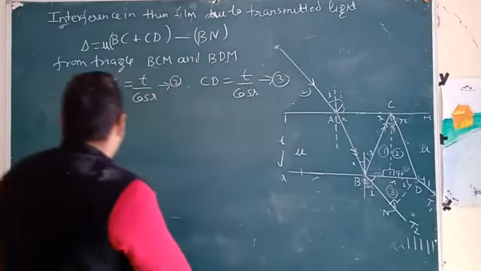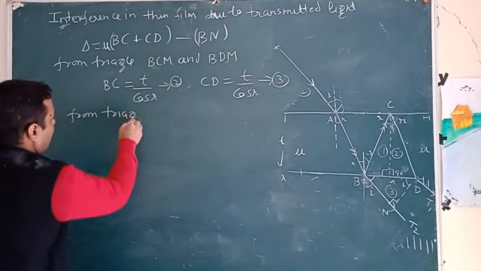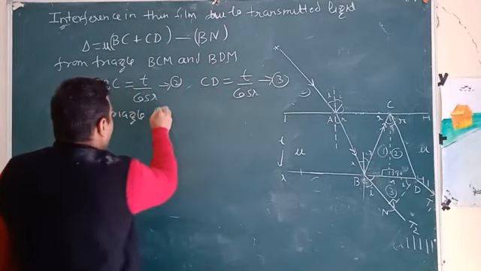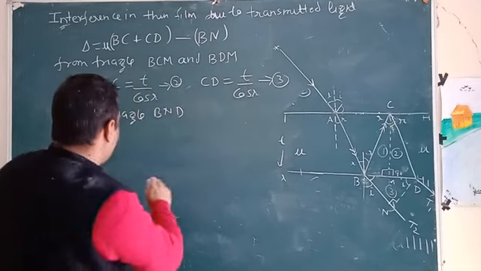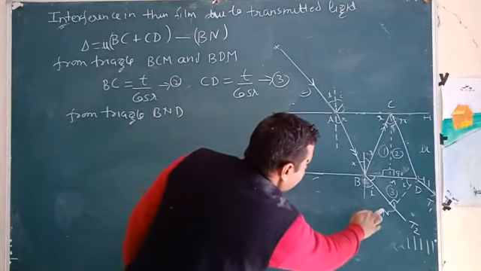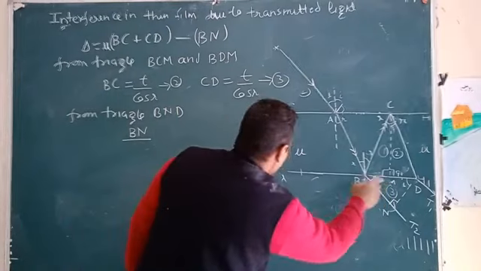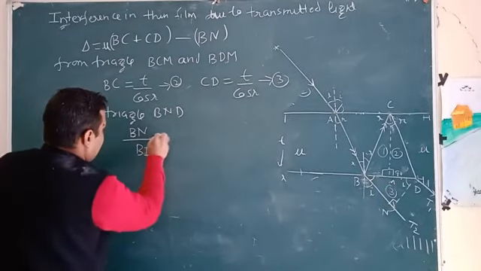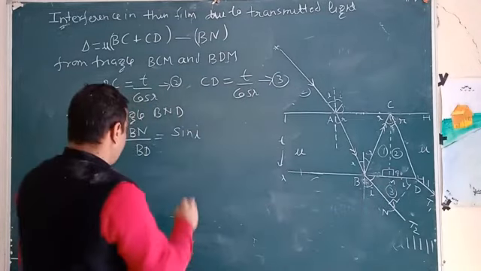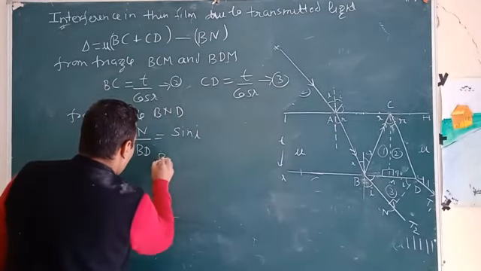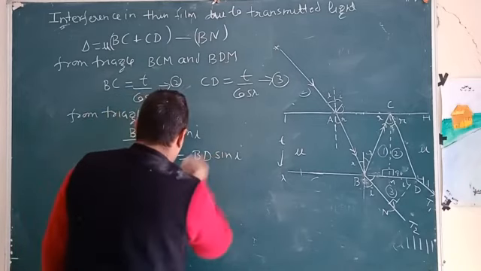BN is from triangle BND. Here in the triangle BND, BN upon BD is equal to sin i. This is angle i. So BN is equal to BD sin i.